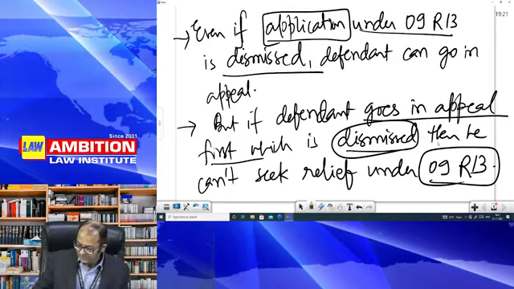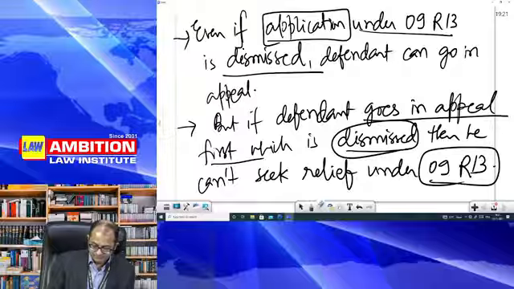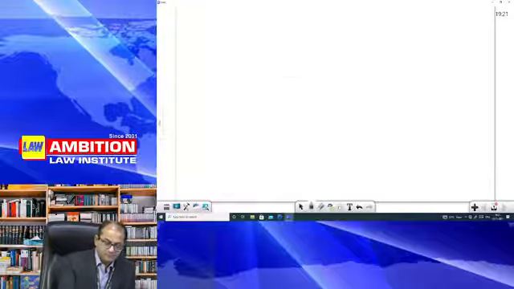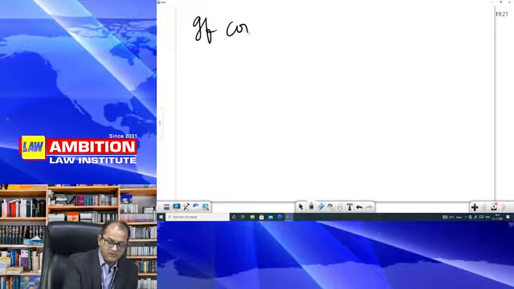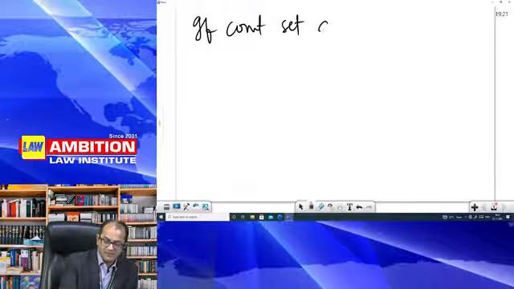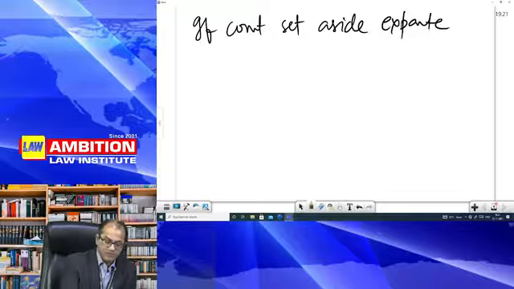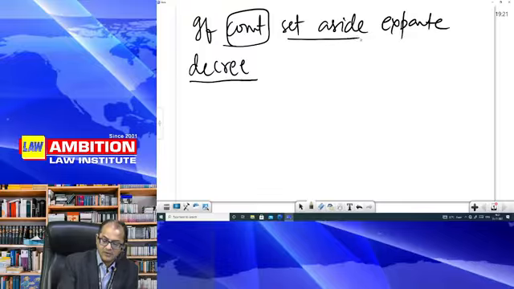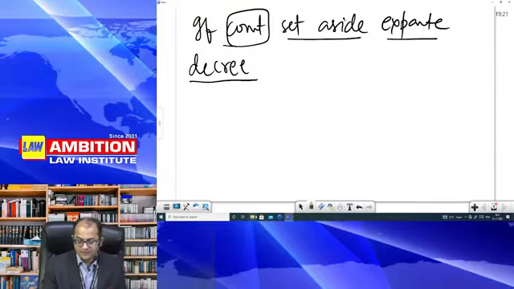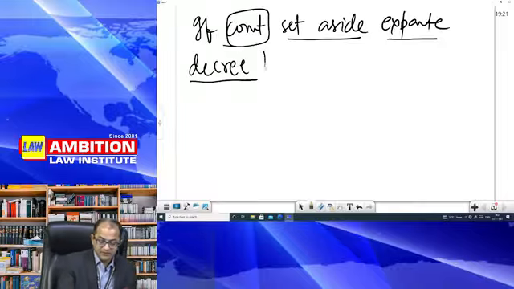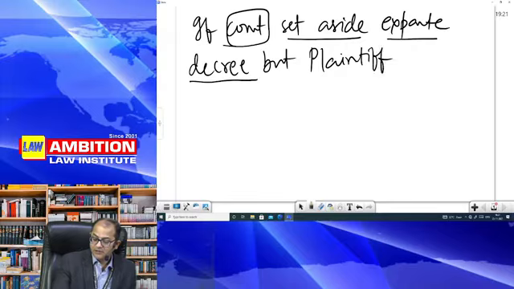Suppose, you can write like this, the court set aside the ex parte decree, but the plaintiff feels aggrieved.